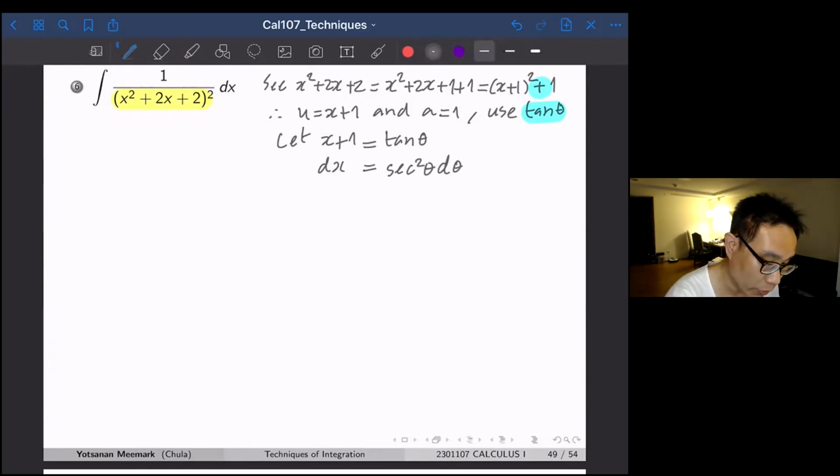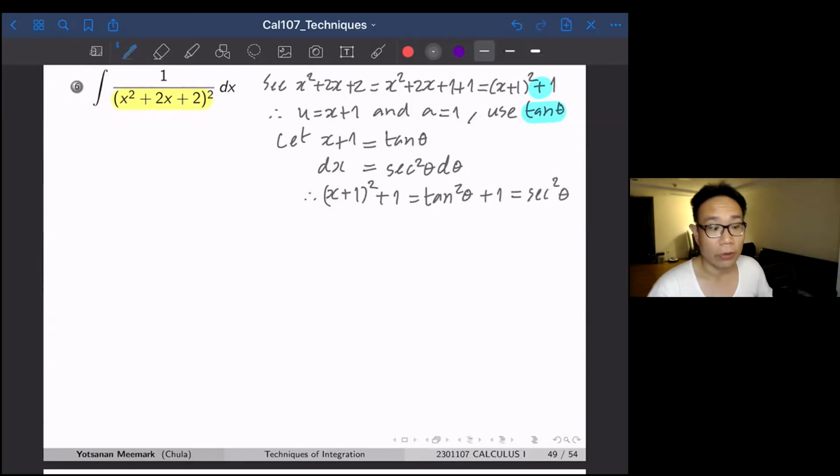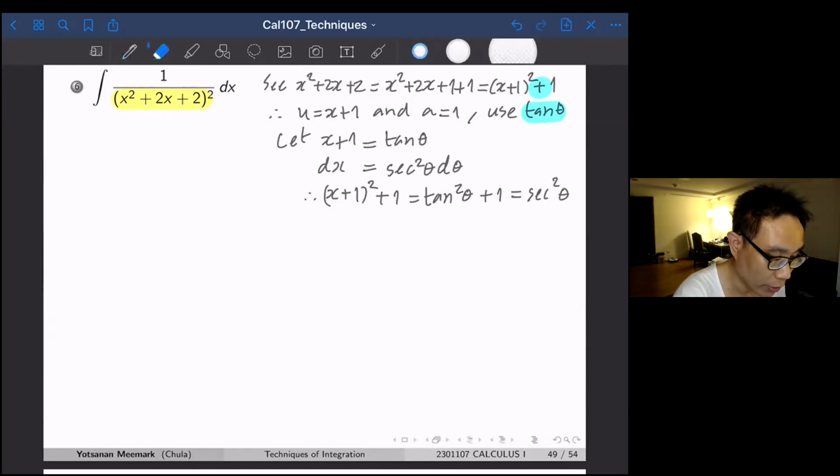And you see that you have x plus 1 square plus 1 turn out to be tan square theta plus 1, so it's gonna be secant square. Okay, so this allows you to just have the yellow guy nicer.